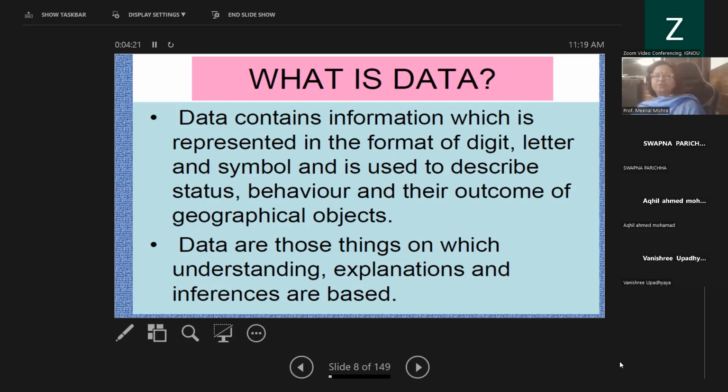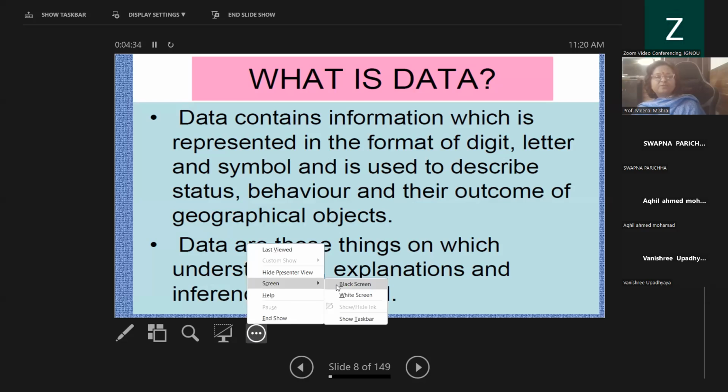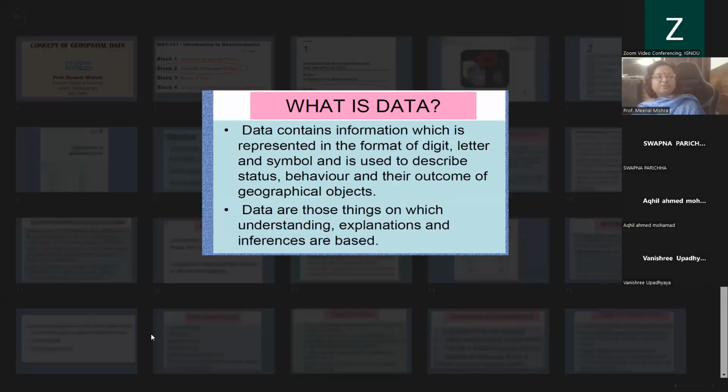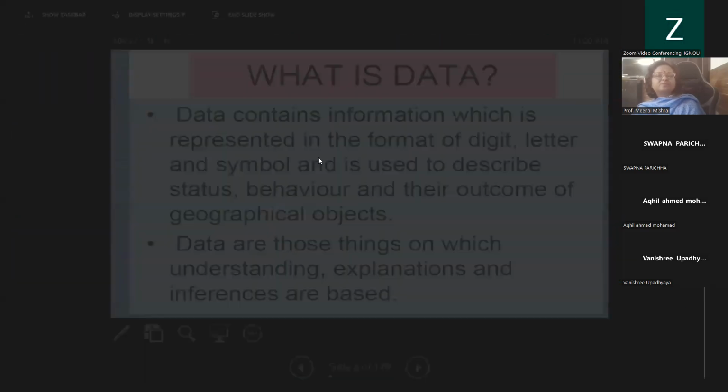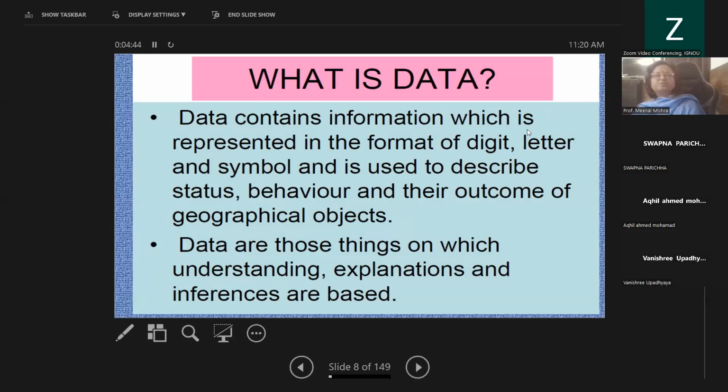Ma'am, excuse me, ma'am. Just wanted to repeat here. This is a block which is almost the same for the PGCGI program and the PG Diploma and MSc program. But there is a slight difference in the way the units have been organized. In the PGCGI program, the sources of data and the software are given in one unit each.